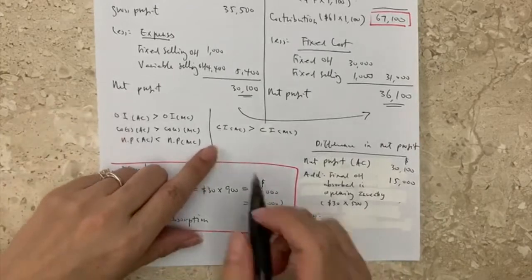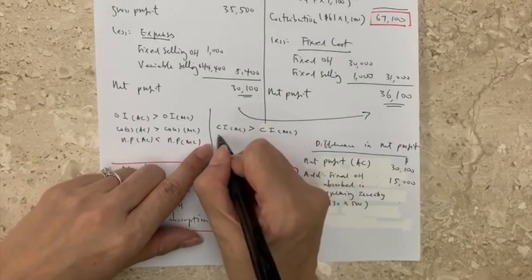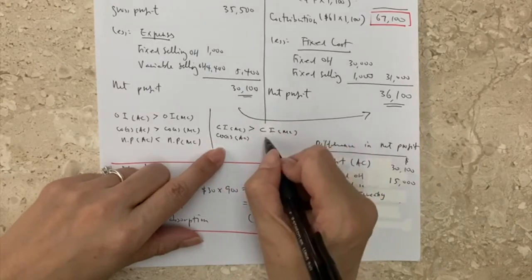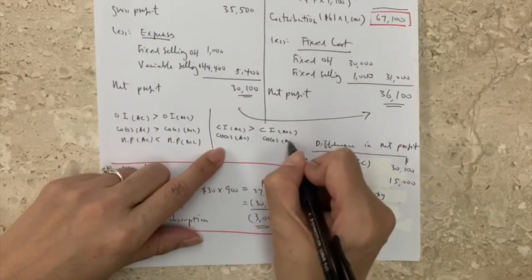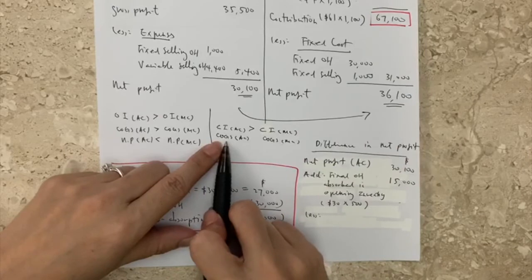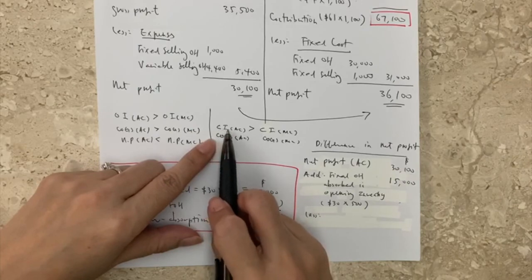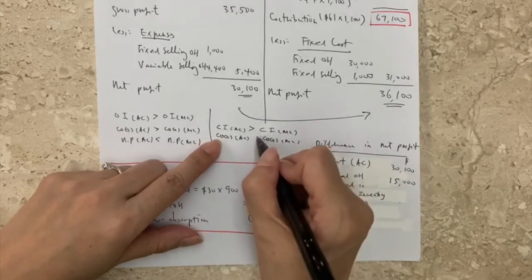So closing inventory is bigger, then what happens to cost of goods sold? The formula of cost of goods sold is opening inventory plus production minus closing inventory. If you minus a bigger closing inventory, then cost will be smaller.